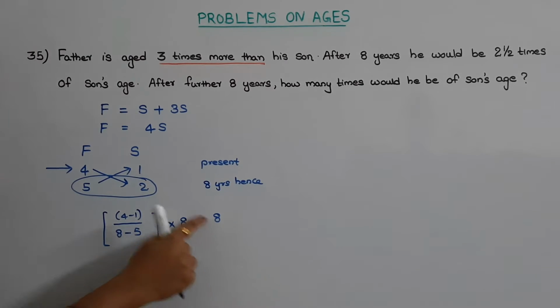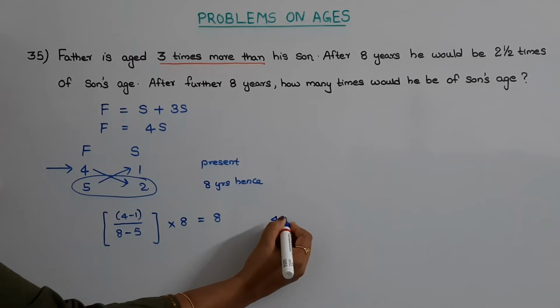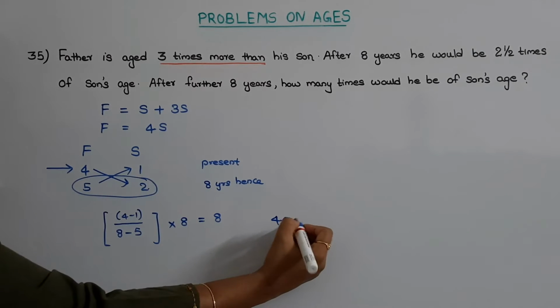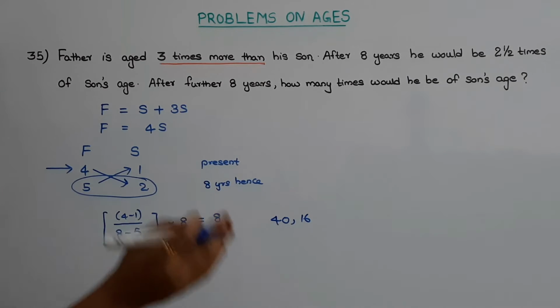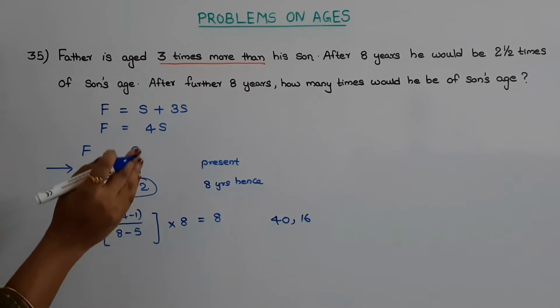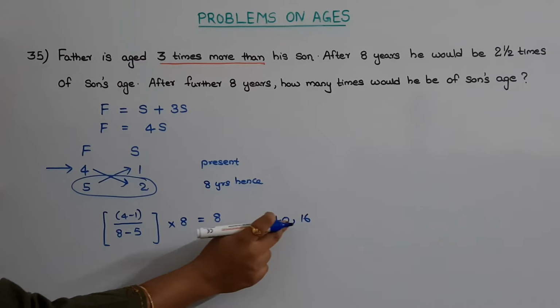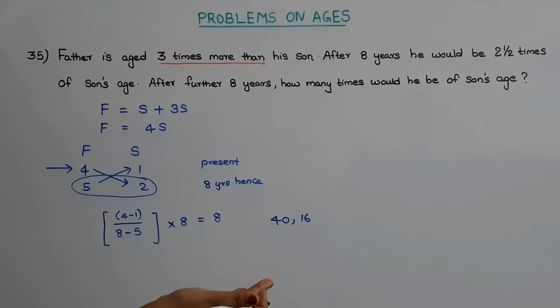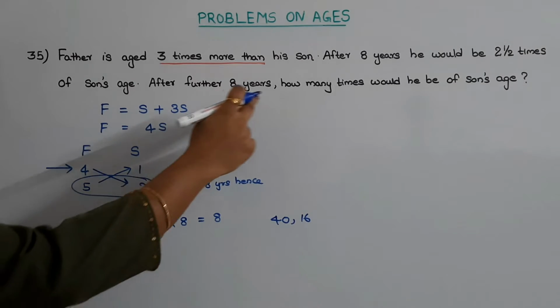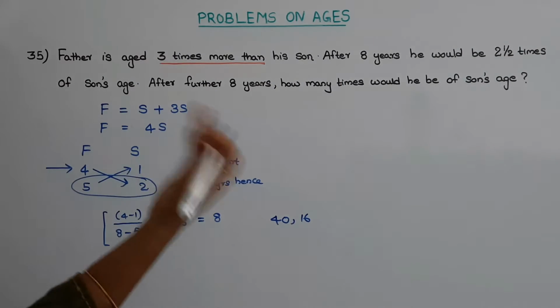So 8 into 5 is 40 and 8 into 2 is 16. These are the ages of father and son 8 years hence. If after 8 years their ages are 40 and 16, what will be their ages after further 8 years? We need to find out the ratio of their ages after further 8 years.